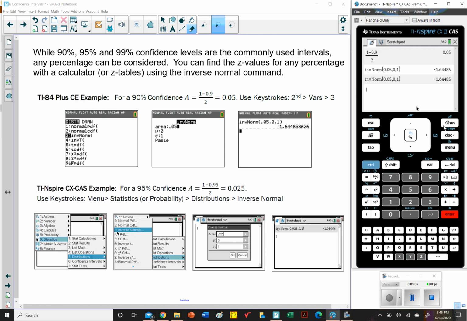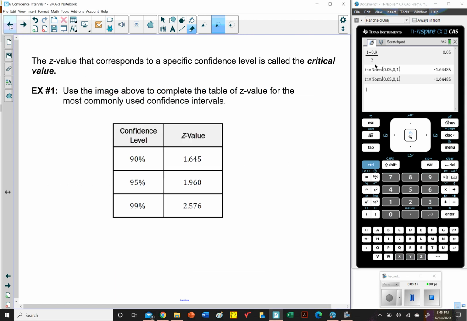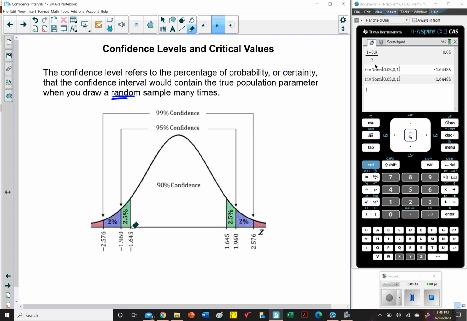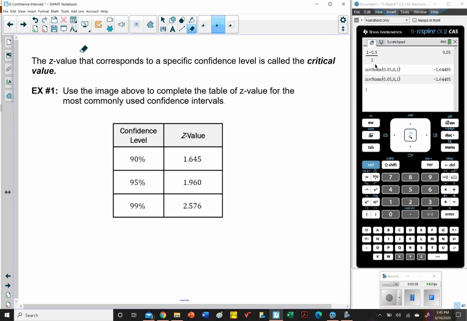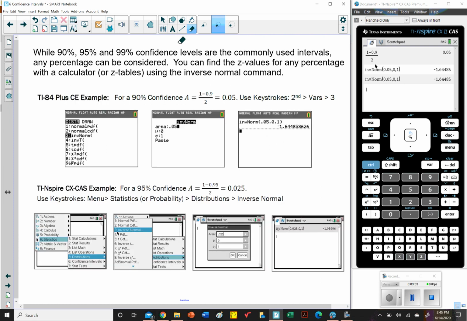And we'll say okay to that. And you see that on one tail it's 1.644. So going back to our graph, 1.645, you can see it's negative 1.645 on the left, positive 1.645 on the right to get a 90% confidence interval. So if you needed to figure an 80% or a 75%, that would be the method to do that on this slide.